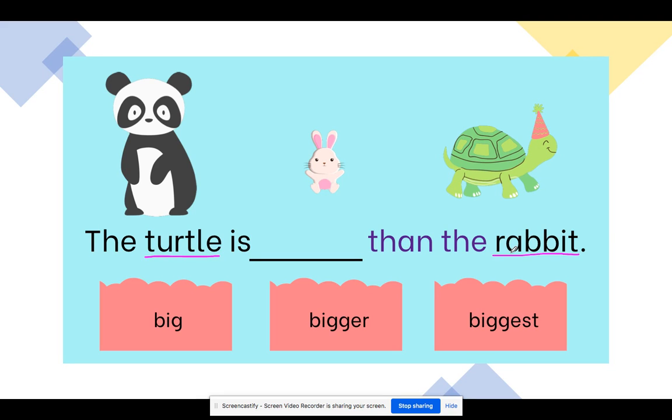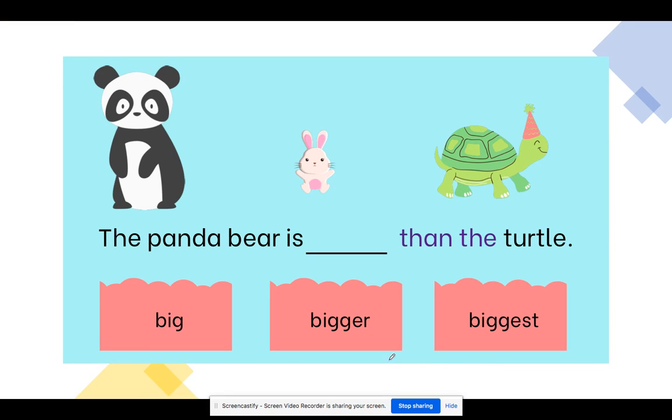Well, we just learned we should add ER to the end when you're comparing two items. So, the turtle is big than the rabbit? No. The turtle is bigger than the rabbit? Sounds good to me. And the turtle is biggest than the rabbit? Doesn't make sense. So our answer is the turtle is bigger than the rabbit.